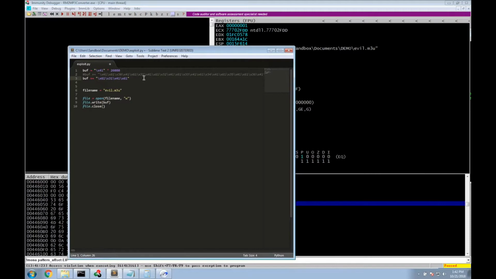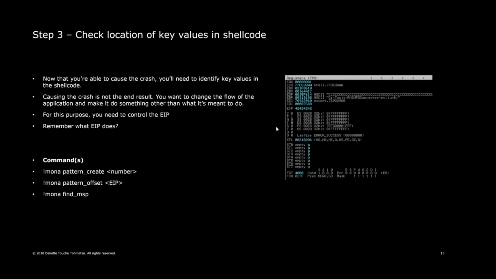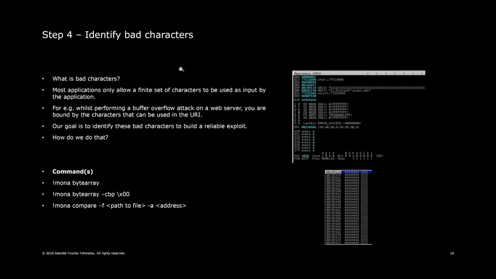However, before we go dumping in shellcode and telling it to execute it, we need to identify bad characters. So the bad characters are pretty common. Most applications are not able to use any Unicode character as input. If there are characters that are incompatible with that, the program will crash, or it won't allow us to execute our shellcode.